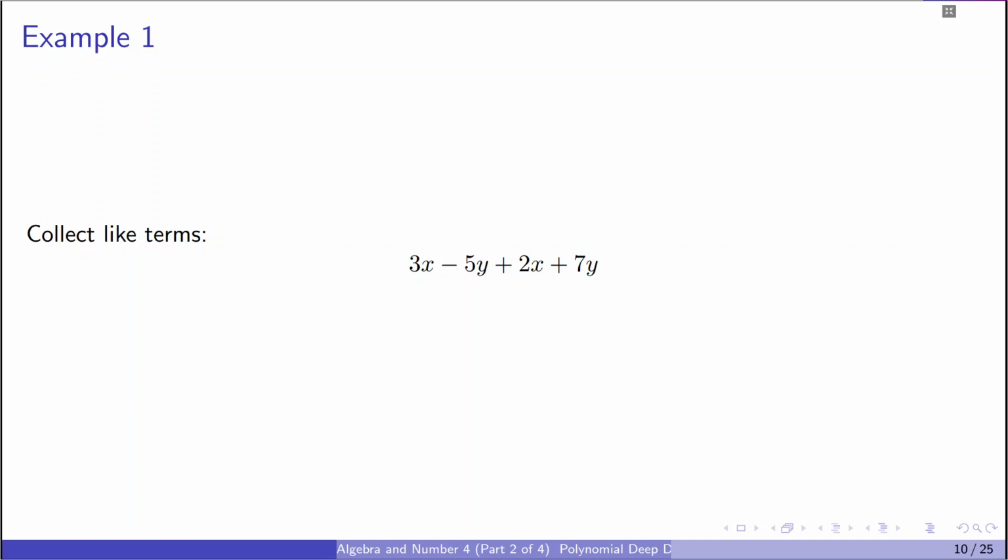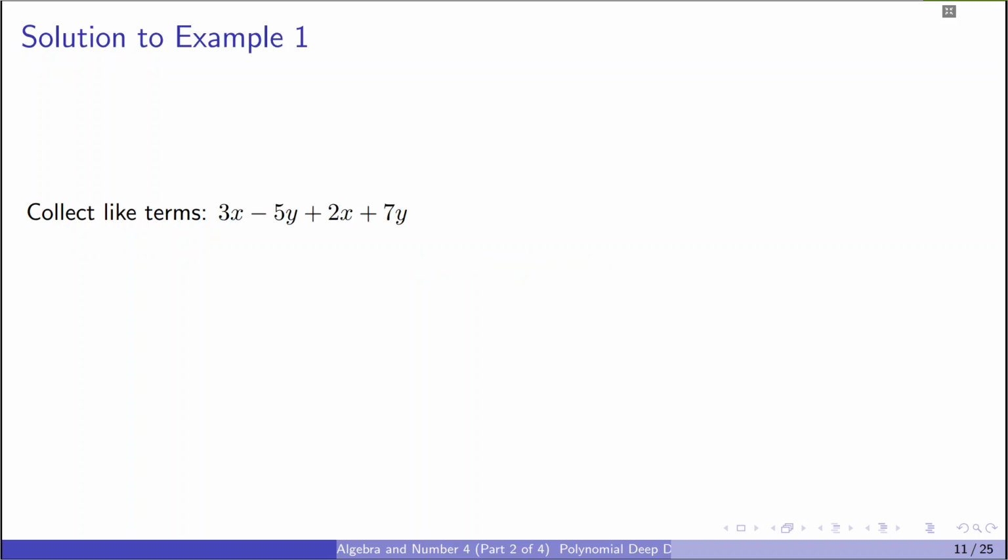So here, to collect some like terms in 3x minus 5y plus 2x plus 7y. Let's take a look at our variables. We start with a 3x. So what other terms have an x in them with exponent 1? Well, that's the 2x. So 3x plus 2x is 5x.